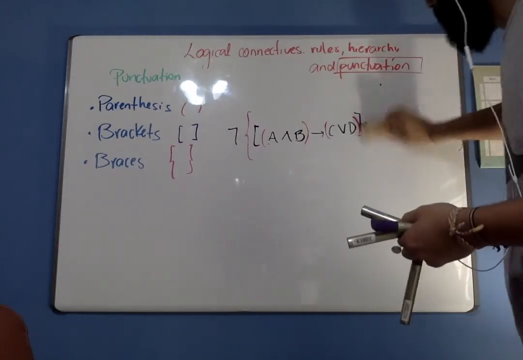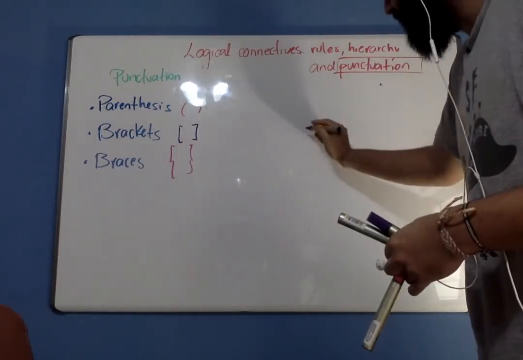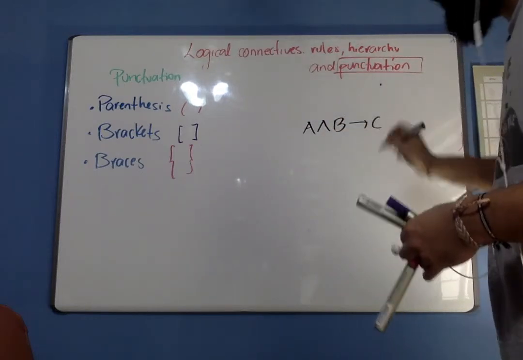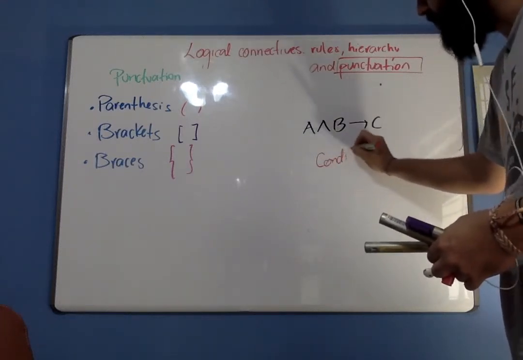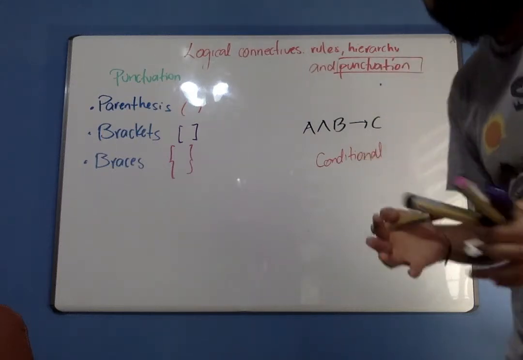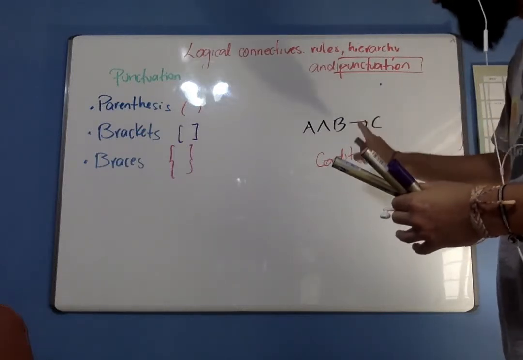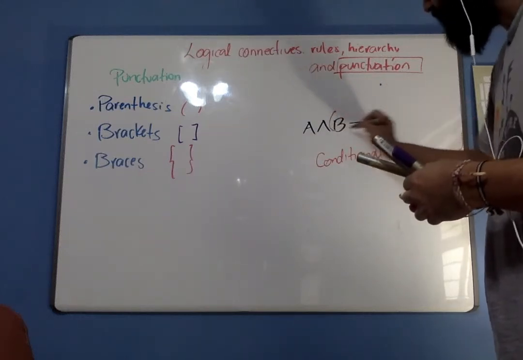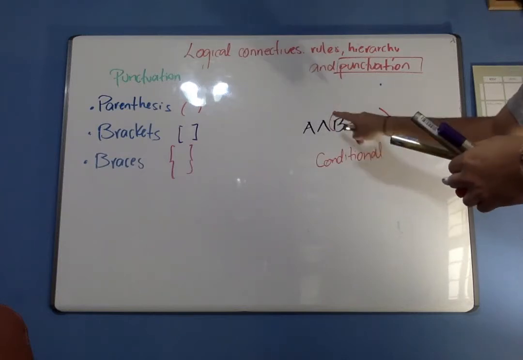So imagine, well, I'm going to erase this, and imagine that, for example, we have A conjunction B conditional C. This, as you remember, is a conditional. If we take into consideration the hierarchization or the hierarchy of the logical connectives, indeed this conditional is more dominant than the conjunction. But what happens, for example, if we group B conditional C with a parenthesis?